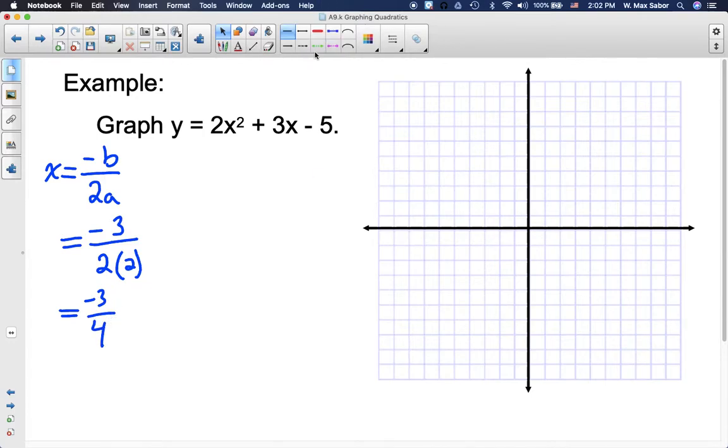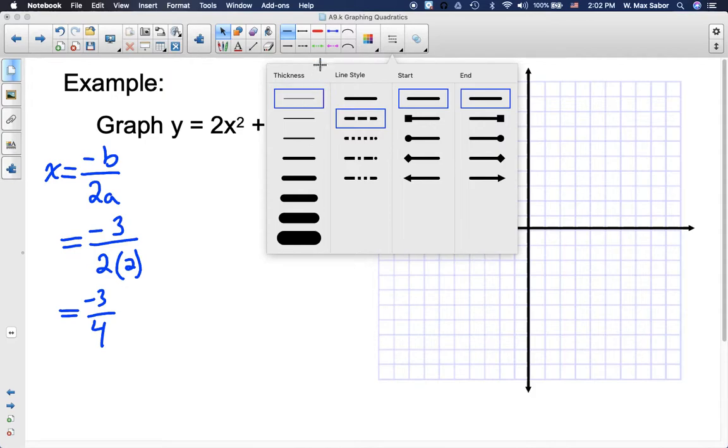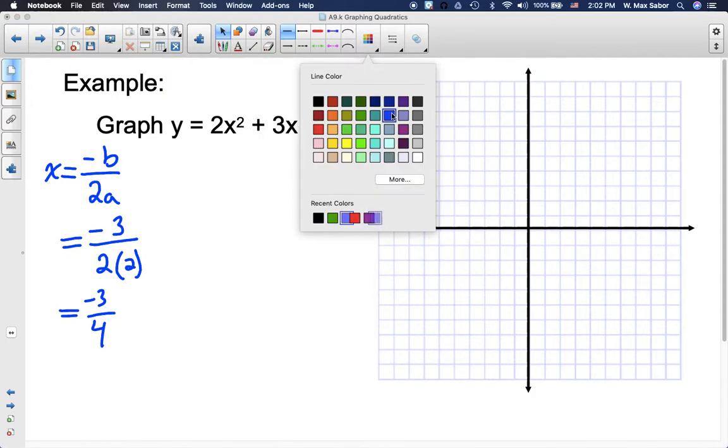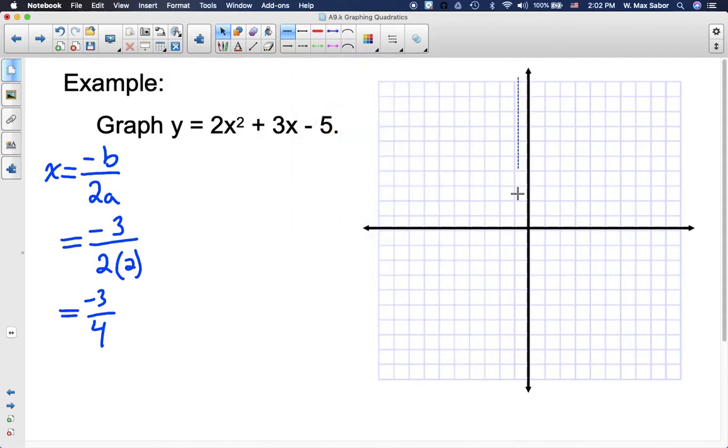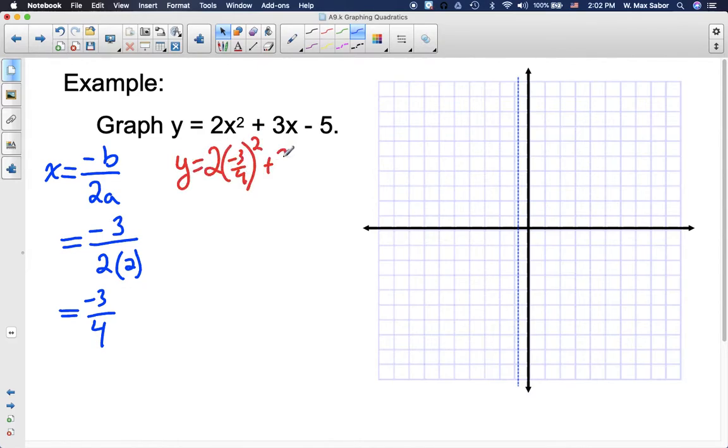We can now put a line at x equals -3/4. All right, now the y-coordinate, we'll plug in -3/4 to find out what the y-coordinate is. So this you could do in a calculator.